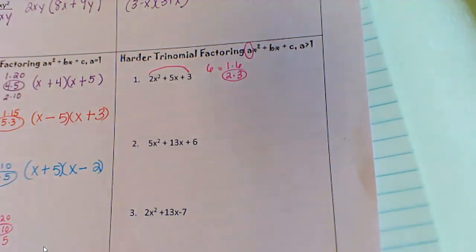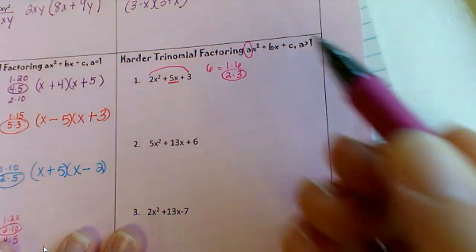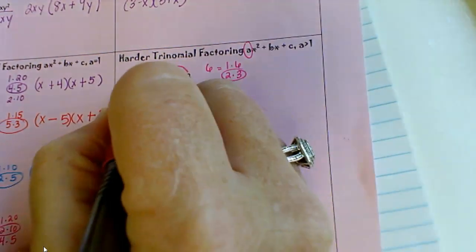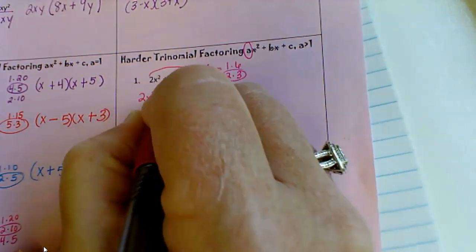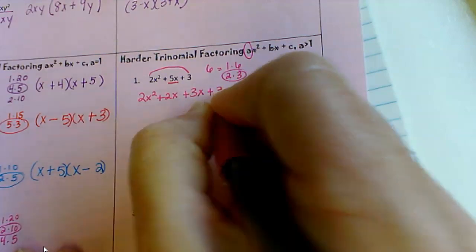Okay? The difference is that you're going to take the number in the middle, it says 5x, and replace it with those two numbers you've decided add to give you that. So instead of a 5x, we're going to put 2x and 3x. So we're going to put 2x squared plus 2x plus 3x plus 3.